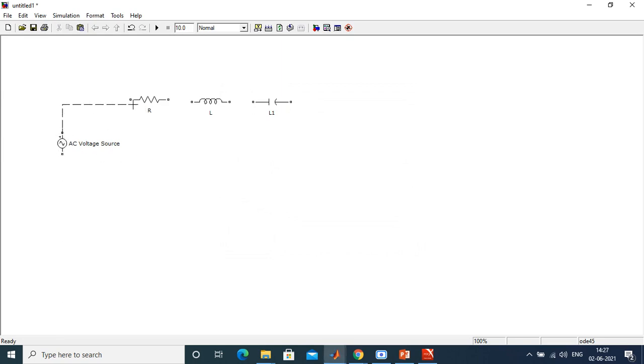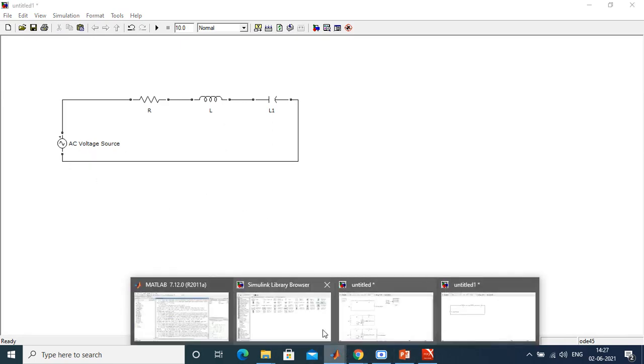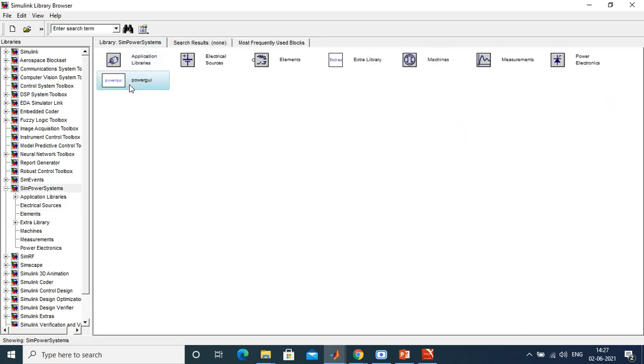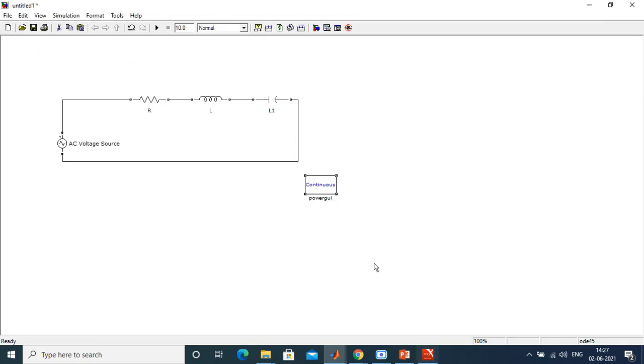So now here I will connect all these elements in series. Okay, so like this. Now I need to take the power GUI block. Okay, keep it somewhere.